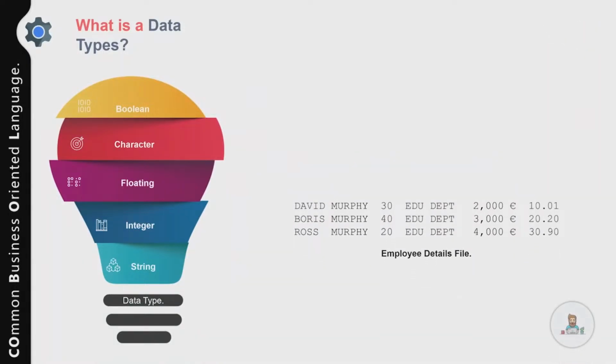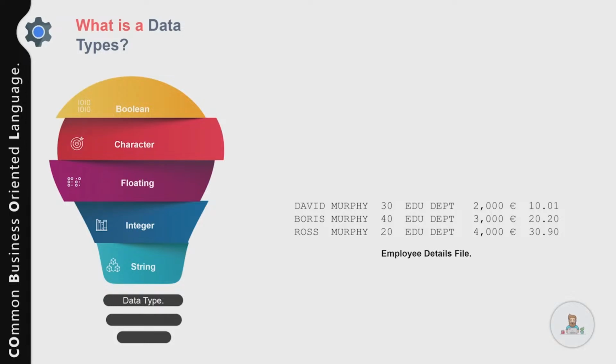For example, if you notice the employee detail file, which is a sequential file, it has different categories of data. The first column is an employee name, which is a string of characters. After that you have employee age, which is an integer. Thereafter you have department name, which is again a string of characters. After that you have employee salary, which is again an integer value.